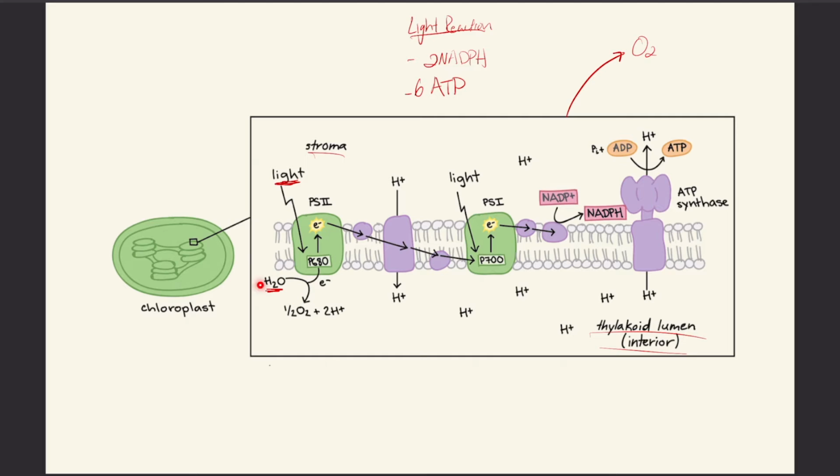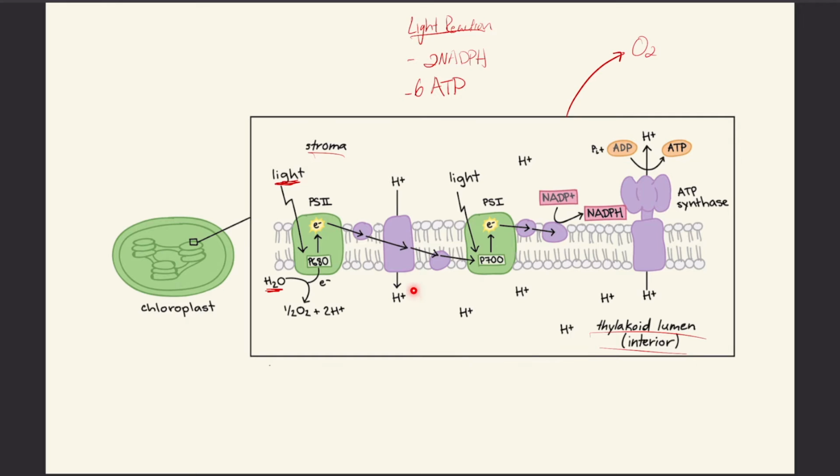So the water molecules go in, and then they're split. So the electrons come out, and those go through the electron transport chain. Oxygen is released as a byproduct. And the hydrogens, those are protons, which create the concentration gradient, which will essentially power the ATP synthase. So the electrons, as they go through, give power.